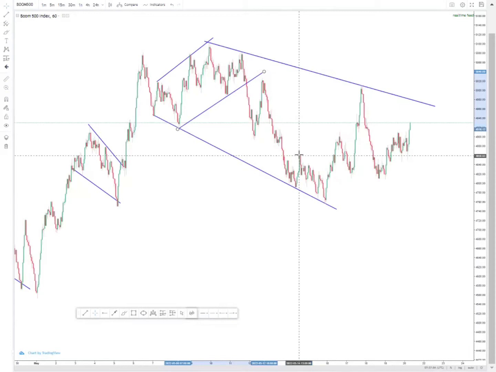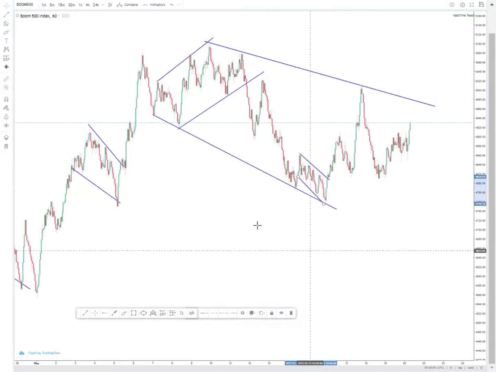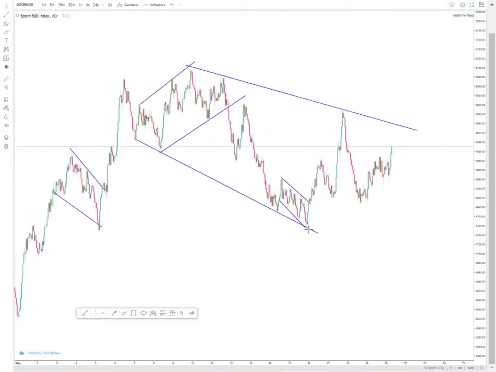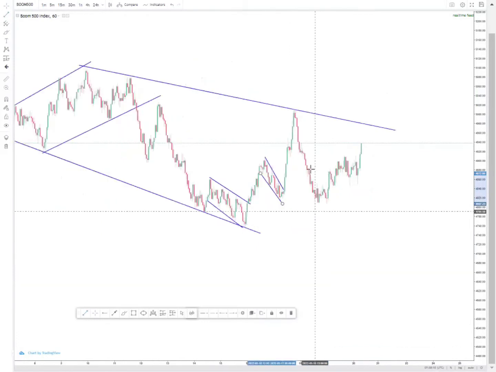You need to know all these things. Then we had this impulse, and then this is one of the steep corrections, and then we had this impulse, and also another impulse to the downside.